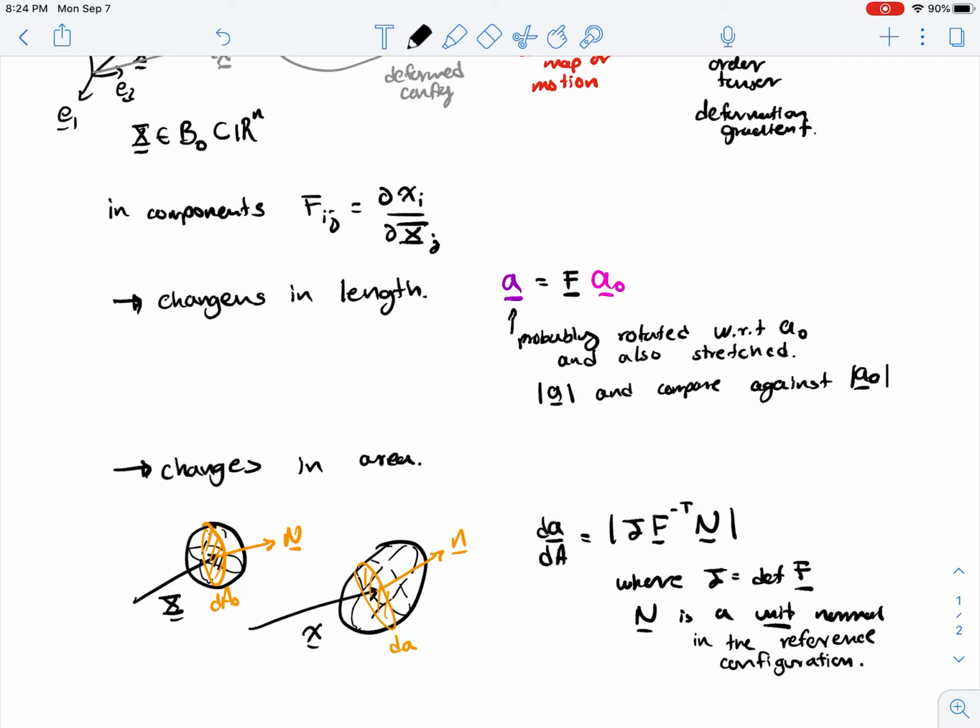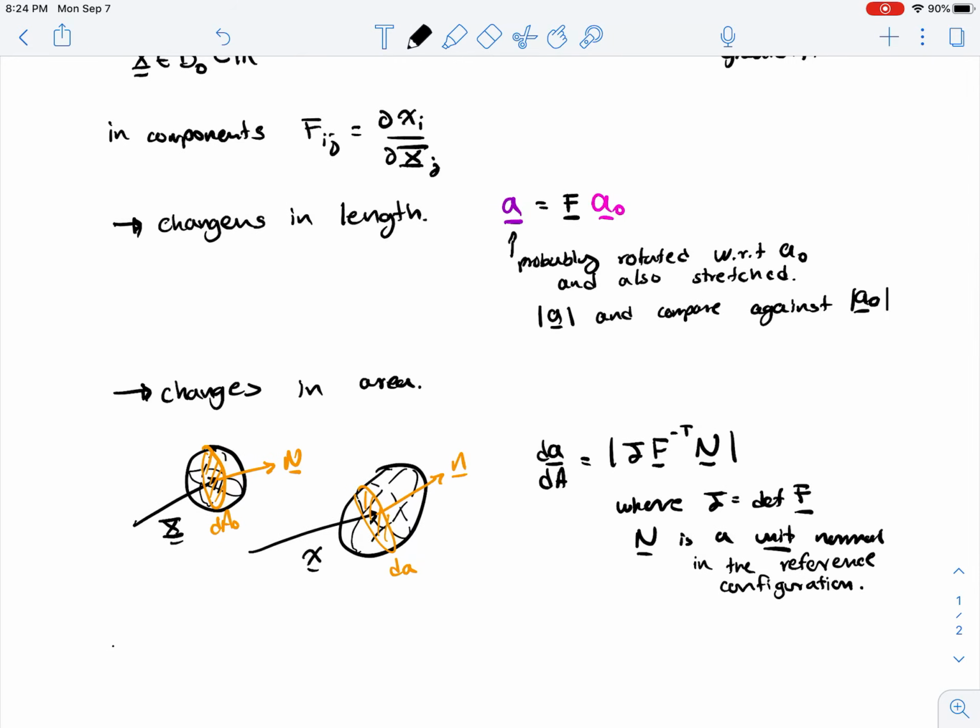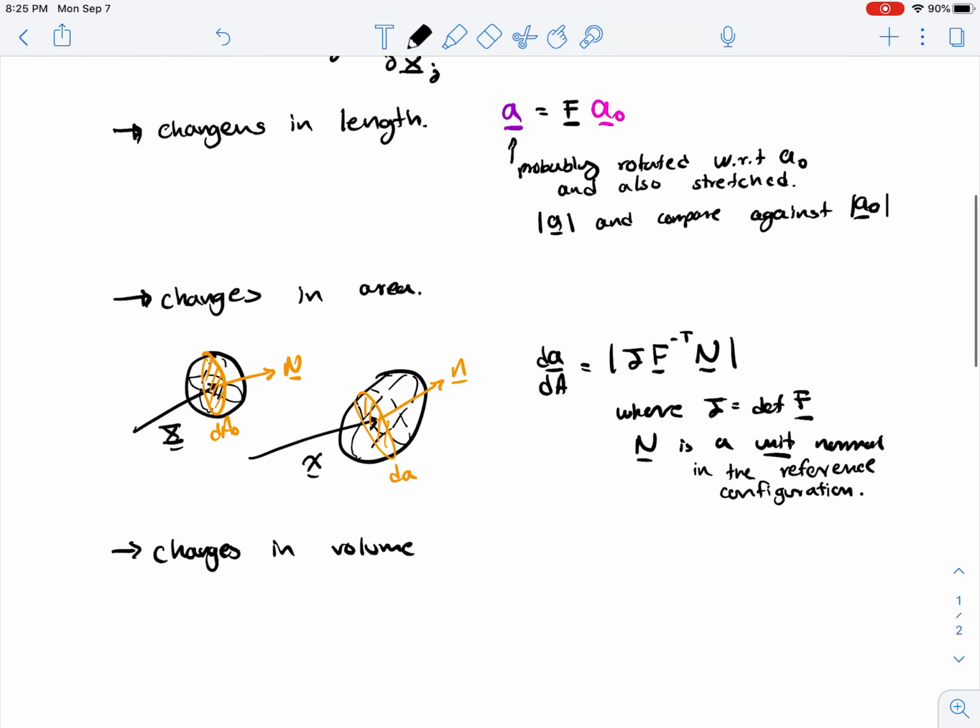So basically, F tells me how vectors get mapped. It tells me how, if I define a normal which defines a cross-section of a neighborhood near capital X, it will tell me how much that area gets changed. And finally, I can get changes in volume. You can keep the same idea of having the two ellipsoids, or cubes, that's the same.